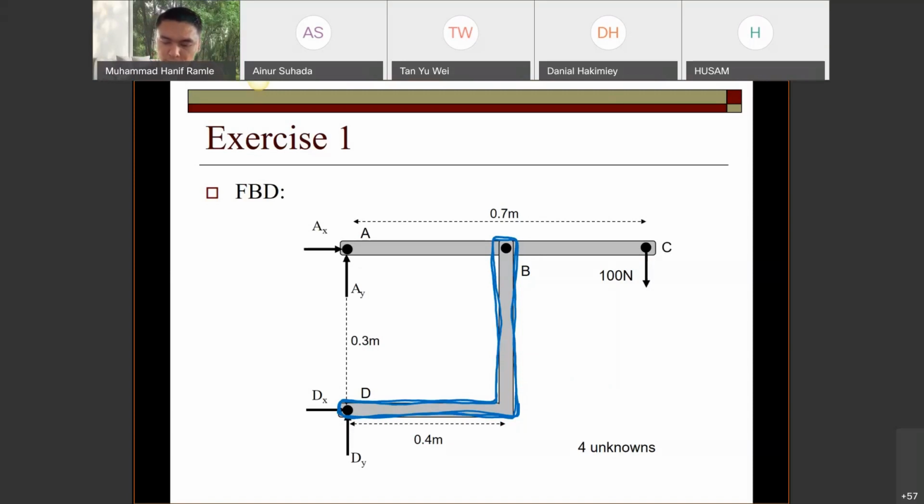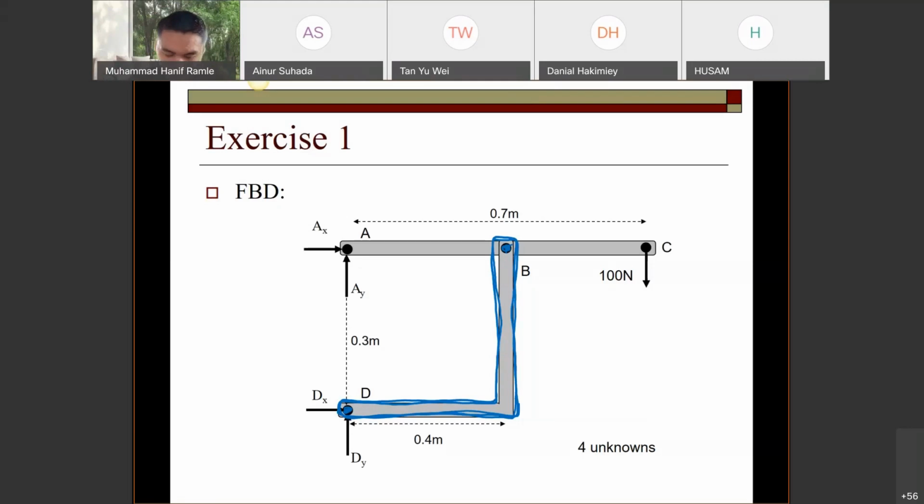Because we have this point and we have this point. You cannot choose ABC. It is difficult, and it is not straightforward like BD. So in order to introduce that, you do the 2 force member. Let's say I'm doing compression.